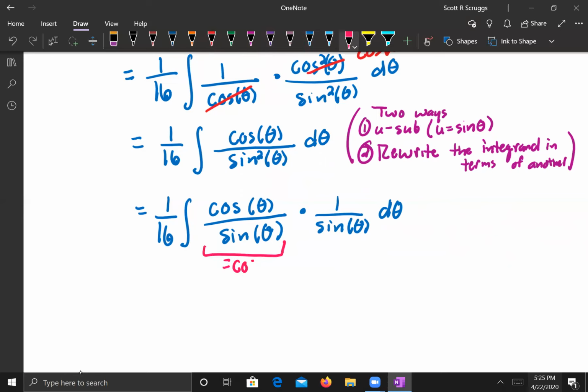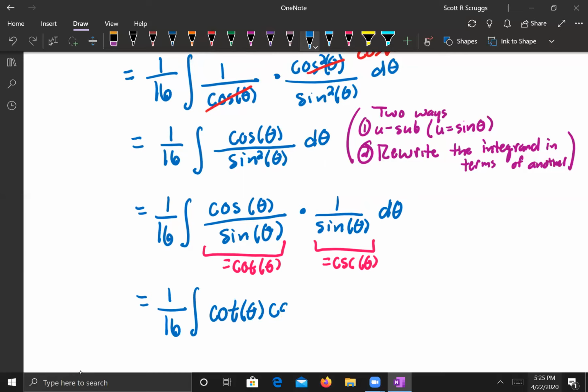Cosine over sine is cotangent. 1 over sine is cosecant of theta. Meaning I have 1/16 times cotangent of theta times cosecant of theta.